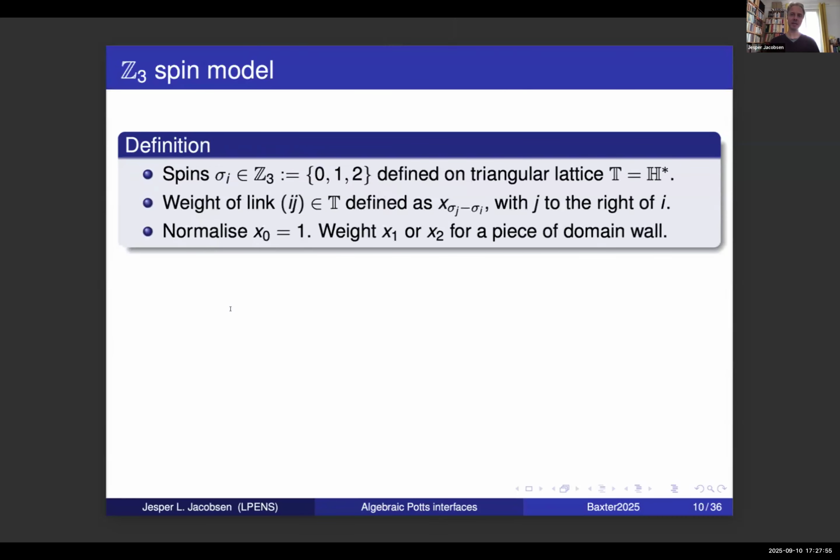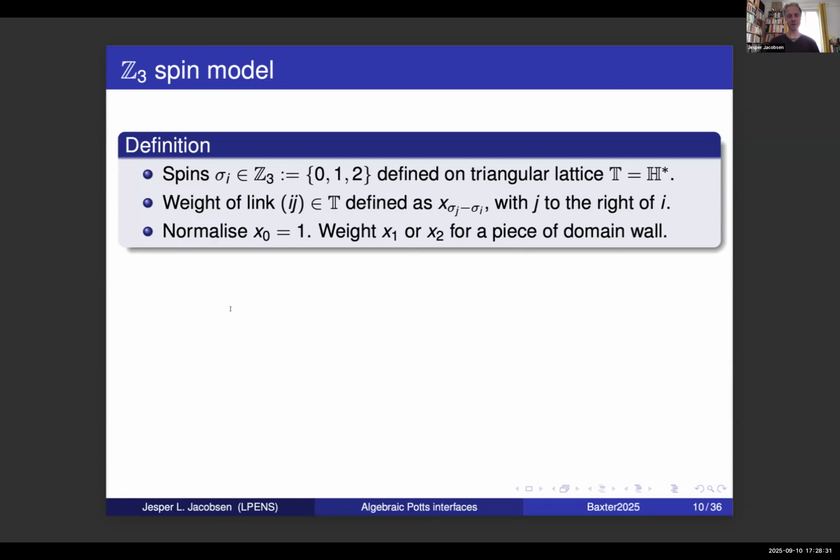So on the other hand, we could also think of the Potts model or any 3-state spin model, actually. So define a spin with 3 different values on a triangular lattice dual to the hexagonal lattice. Let's give each link of that lattice a weight x0, 1, or 2, defined such that the index is equal to the difference of the spins seen to the right and to the left of it with respect to this upgoing arrow.